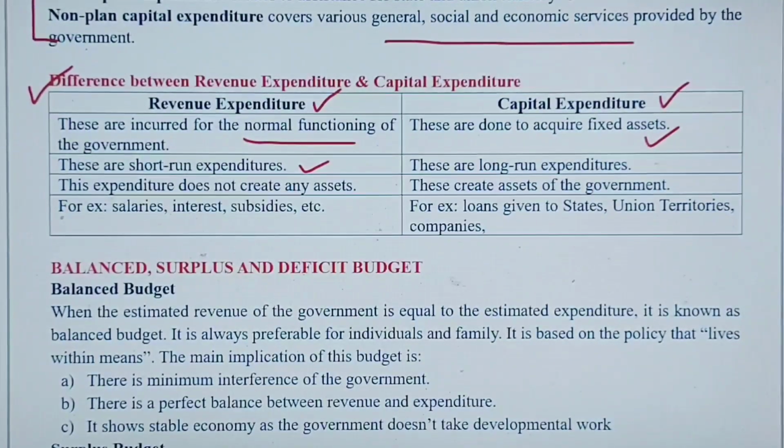And capital expenditure, they are incurred for long term. And revenue expenditures do not create any assets, whereas capital expenditures, they create assets like fixed assets. And then lastly, you can give examples of revenue expenditure as salaries, interest, subsidies paid and all that. And capital expenditure, loans given to the different states and union territories, and purchasing of fixed assets like machines, land, building and like that.